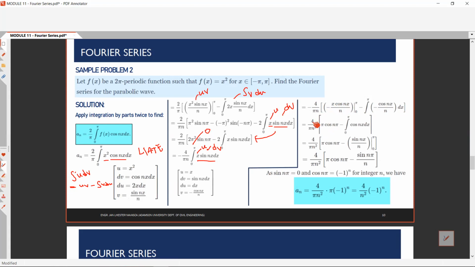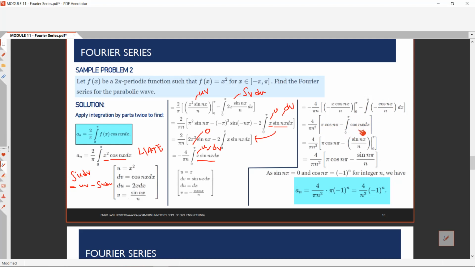Negative times negative gives positive, then x cosine nx over n. We factor out the n, so it becomes 4 over n squared. This is evaluated from 0 to pi: pi cosine n pi minus integral from 0 to pi of cosine nx dx.